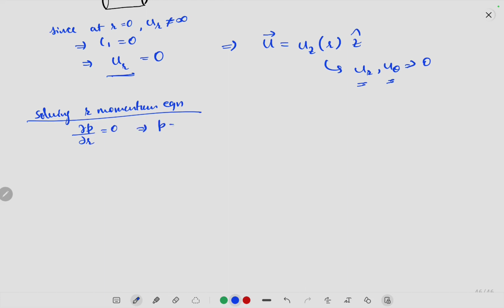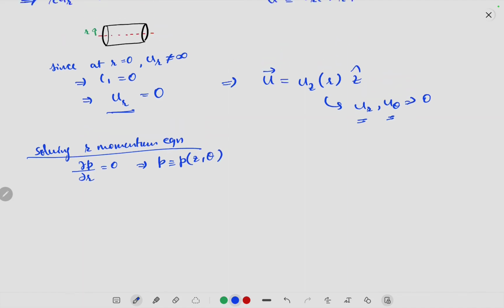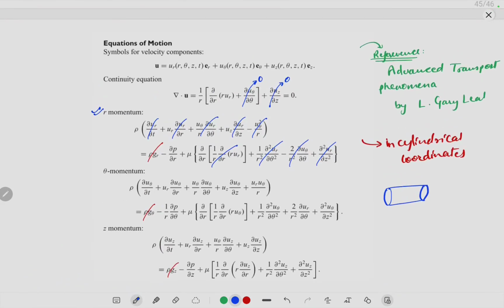This implies p is a function of z and theta. Now let's solve the theta momentum equation.